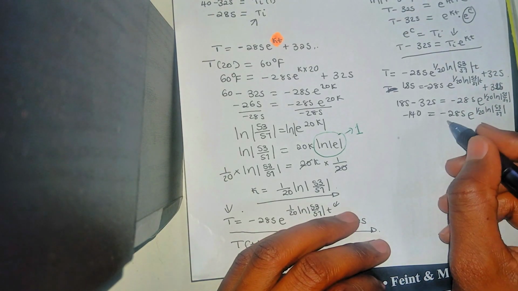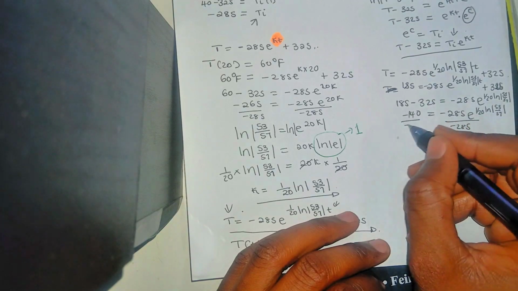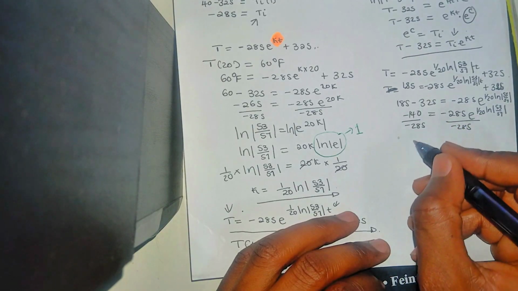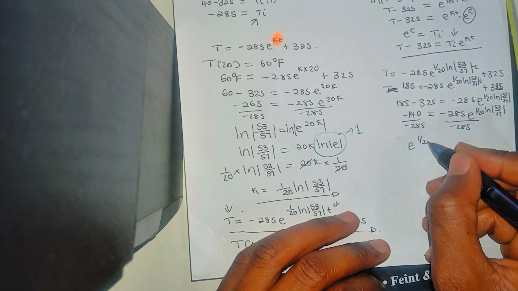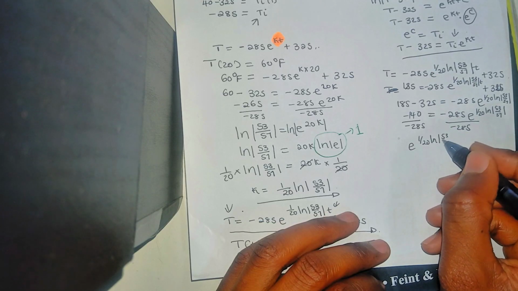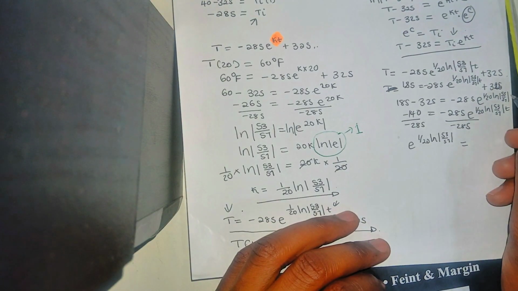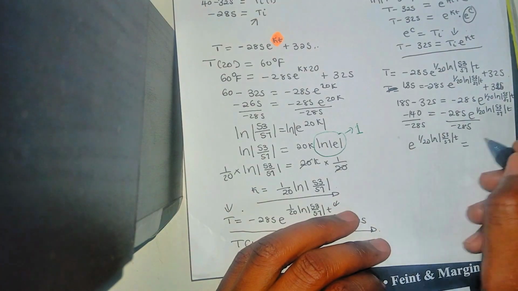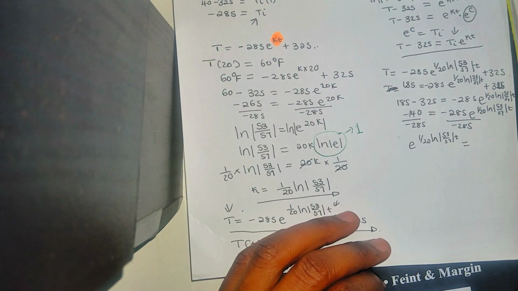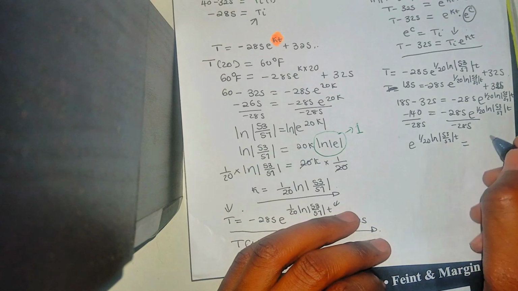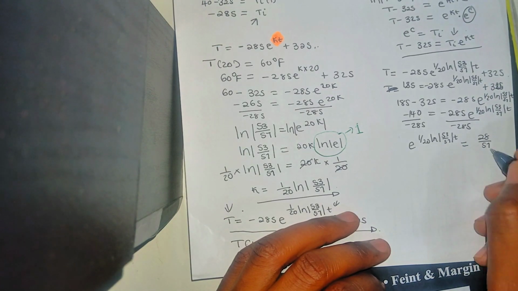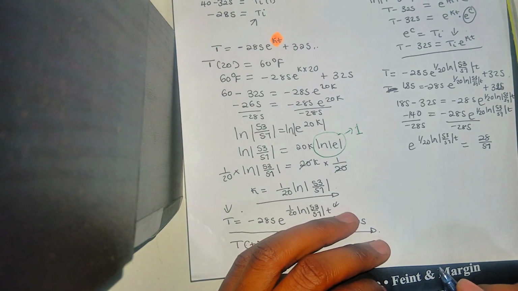Then divide both sides by negative 285. Negative 140 over negative 285 is 28 over 57.